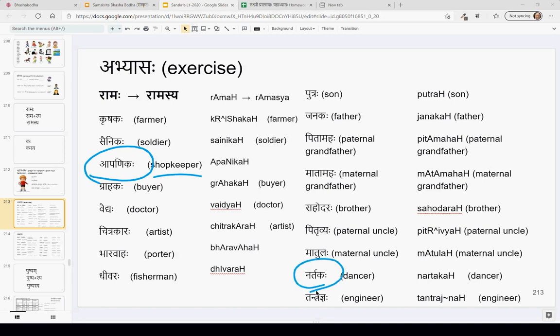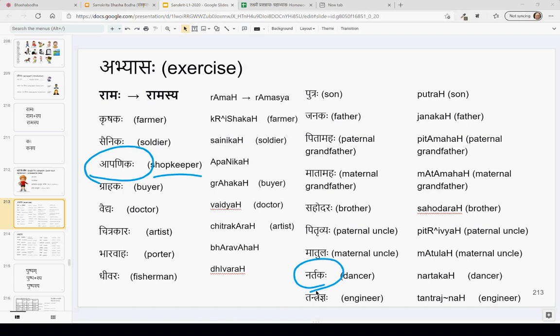For example, nartakaha. What is the Shashti Vibhakti form of nartakaha? Sixth case. Nartakasya. Yeah, correct. Nartakasya. And do you know something that belongs to nartaka or dancer? That you can add to make it a sentence. Nartakasya something. Chakram?